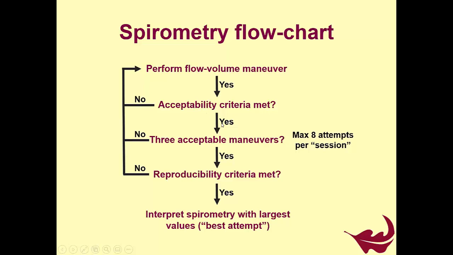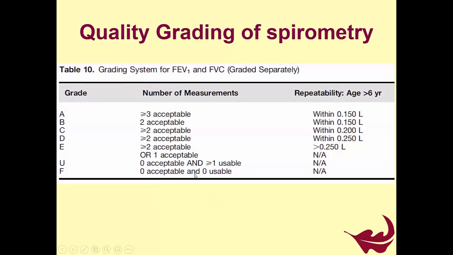Sometimes it's difficult and we stick with 2, but a maximum of 8 per session, as I say. If you've got less than 3, then we continue performing those until we've got 3 or a maximum of 8 attempts. And then when we've got all of these acceptable ones, we look at whether it's reproducible. And if it's reproducible, then we can start the interpretation. Otherwise, we continue performing flow volume loops.